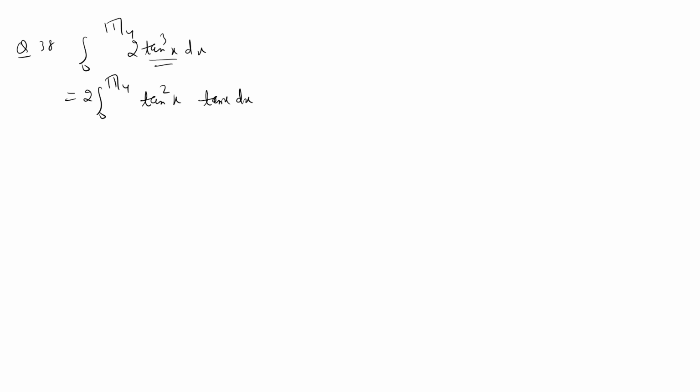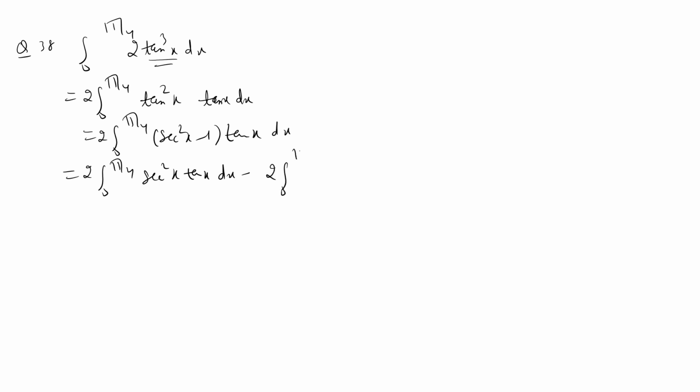So this will be your 2 into 0 to pi by 4, this can be written as secant square x tan x dx. So this is 2 times 0 to pi by 4 secant square x tan x dx minus 2 times 0 to pi by 4 tan x dx. Now you have the idea how to integrate with it. This is again that form f(x) raised to power n into f dash x.